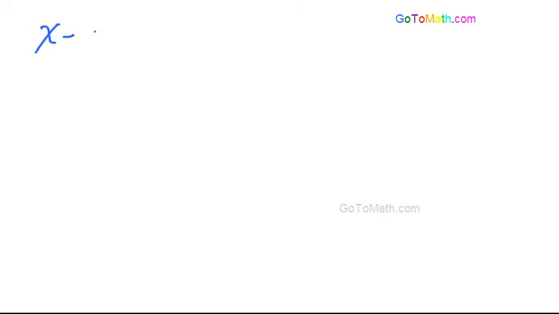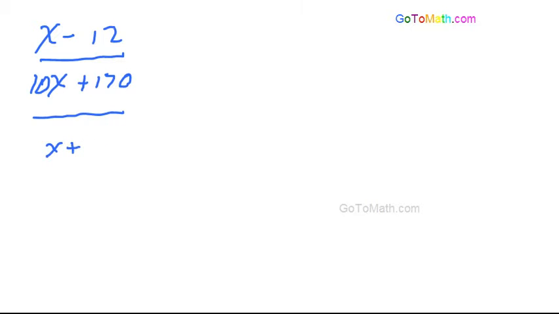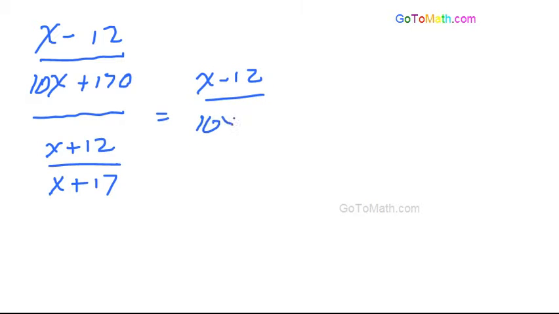X minus 12 over 10x plus 170. Then we have x plus 12 over x plus 17. Alright, so we can rewrite this, and I am going to skip a step now, like I did in the last problem.